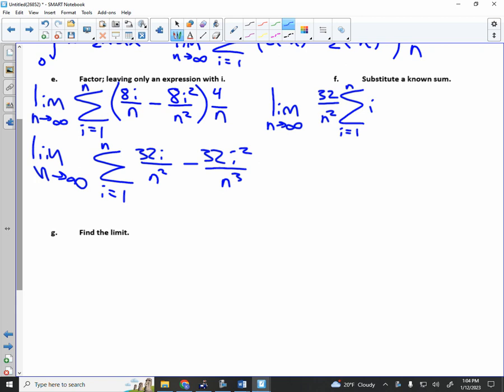And then minus another sum, and here we're going to factor out 32 over n cubed, sum from i equals 1 to n of i squared. So we just turn it into two sums. Because it's subtraction and a sum relates to subtraction, you just split it into two pieces. It's no big deal.